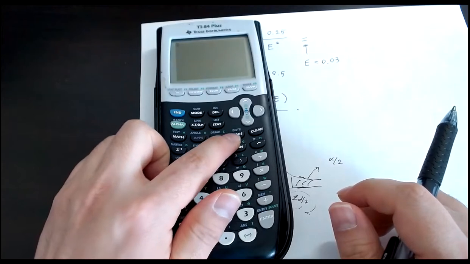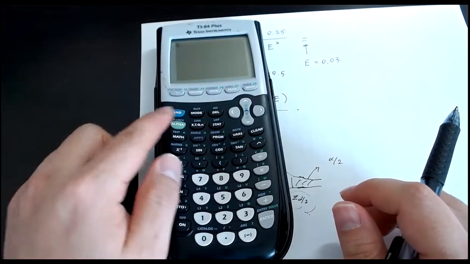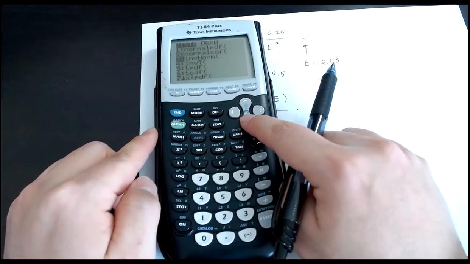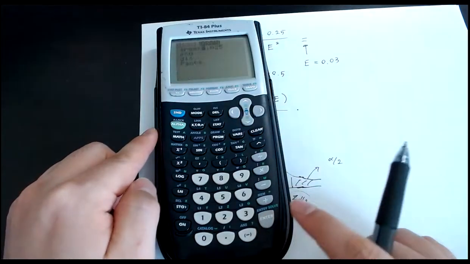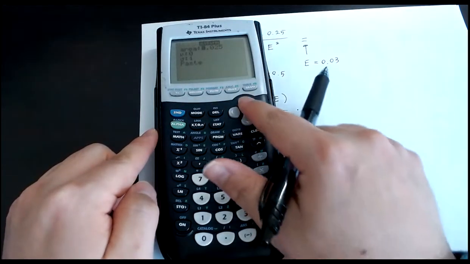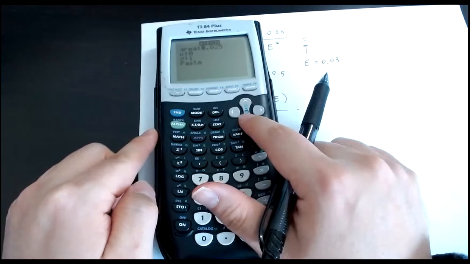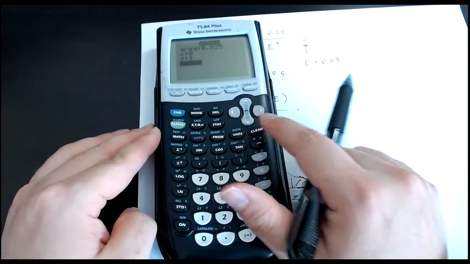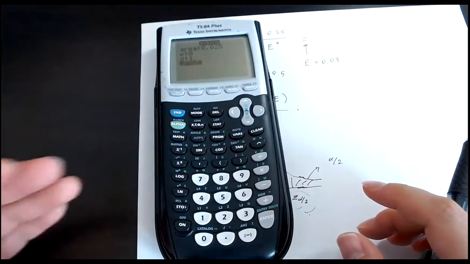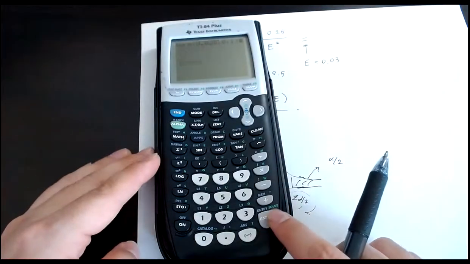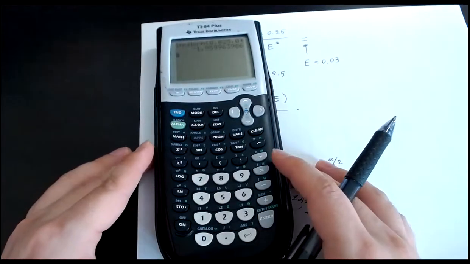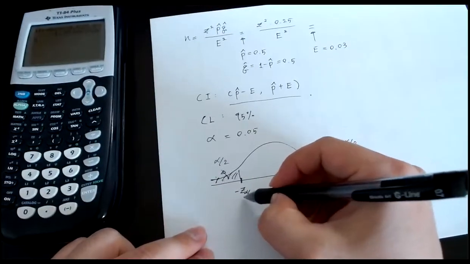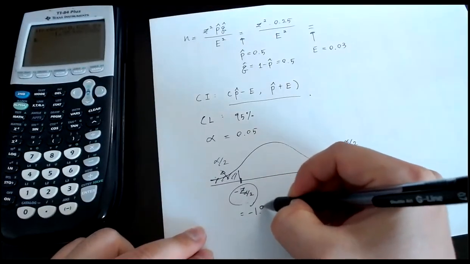We go to the distribution menu: press second, then variable. You can see inverse norm at number 3. Enter. The area must be 0.025, because alpha over 2 is 0.025. Mu is 0, sigma is 1, because we're talking about the standard normal distribution. Then we get approximately minus 1.96.